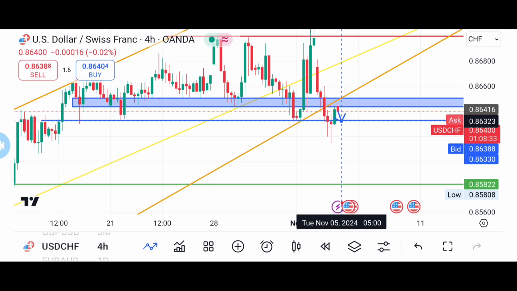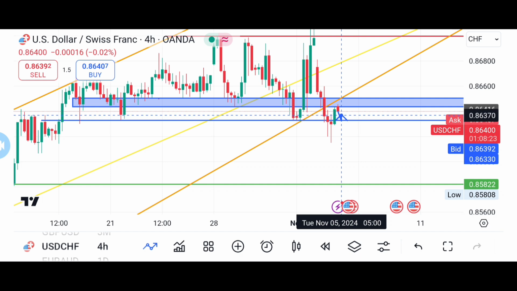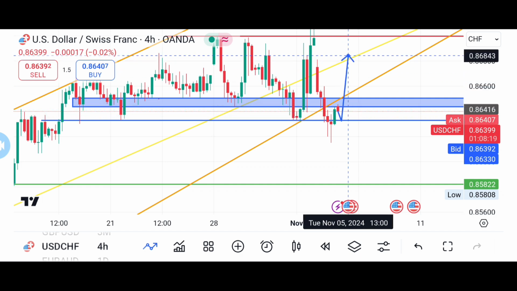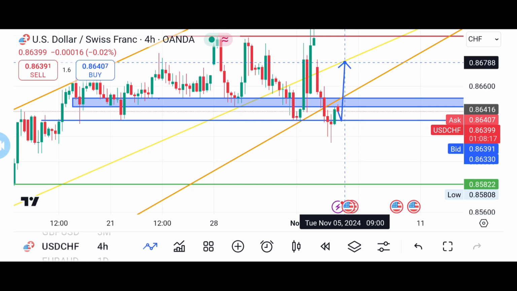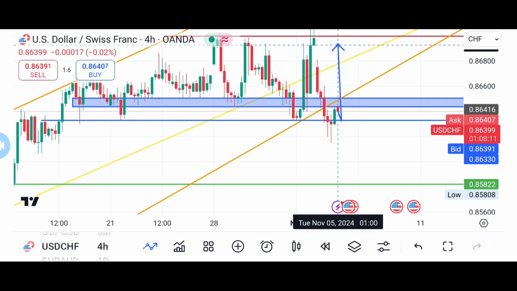If the market retraces back there and closes above it, we shall see buying pressure to fill this gap. My aim is to buy USDCHF until we fill this gap up to here.